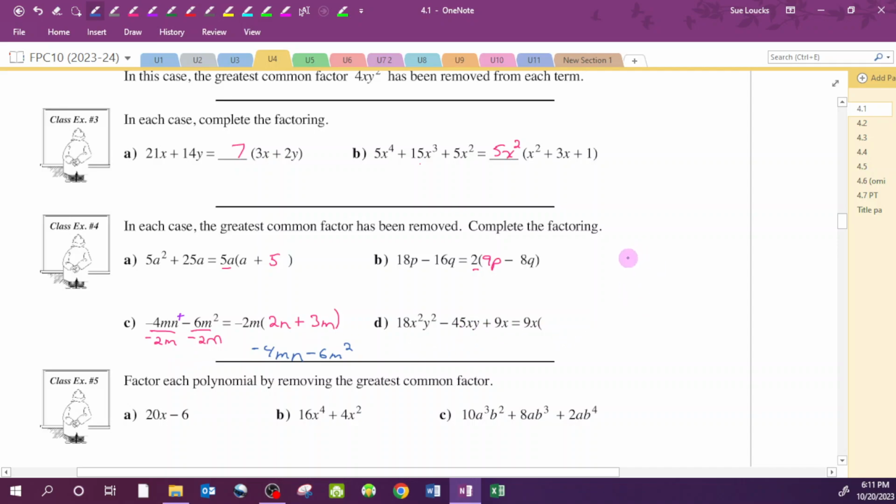Okay, this has got 3 terms. So if I divide this by 9x, I'm going to have 2xy squared. And if I divide this by 9x, I'm going to have minus 5y. And if I divide this by 9x, I'm going to have plus 1. Don't forget the 1.